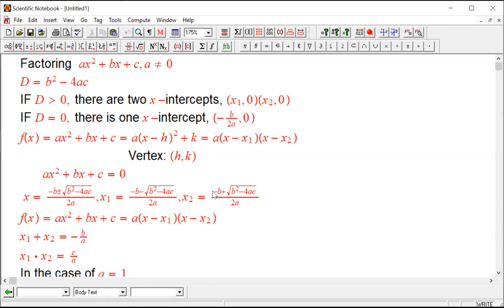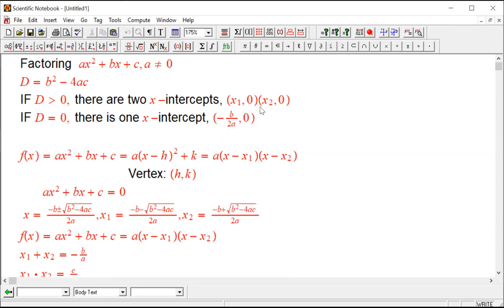That's the x-intercept, basically negative b over 2a, because this piece is 0. If D is negative, there is no x-intercept.